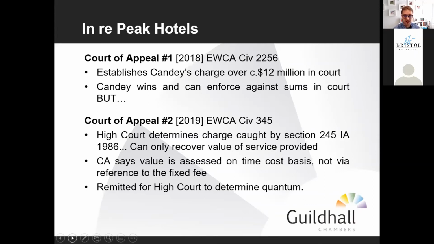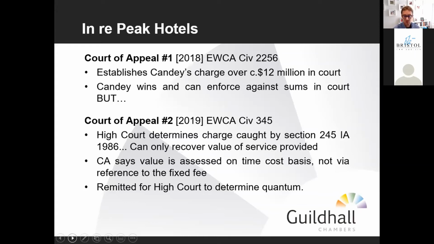So although Candy still had the charge over the money in court, it could only be used insofar as Candy could prove its time costs between the point the charge was entered into and the end of the case. So we're talking about tens of thousands of pounds being payable under the charge or secured by the charge, rather than the best part of £4 million.